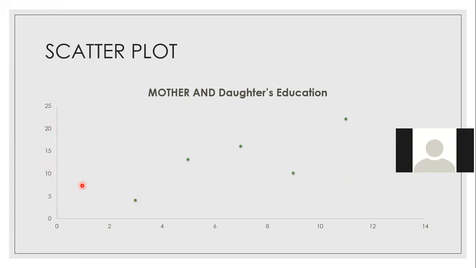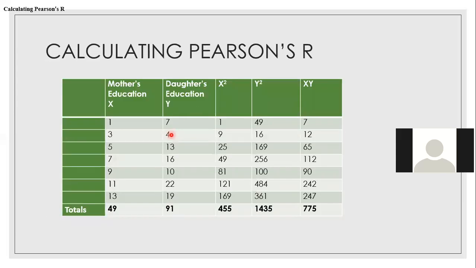So this point here represents that point of 1 for x and 7 for y. Likewise, this point would represent the second pair of values, and so on. So you should have 7 points on this graph that correspond to these 7 pairs of values that you have here for x and y.